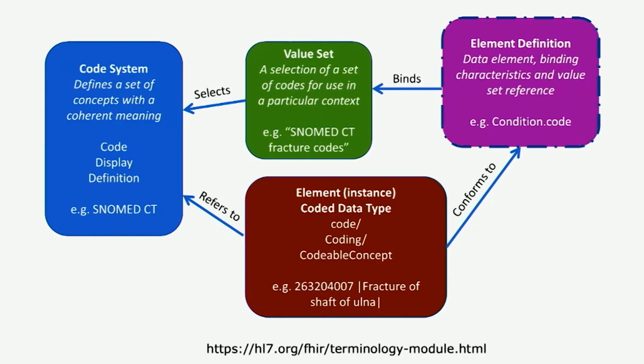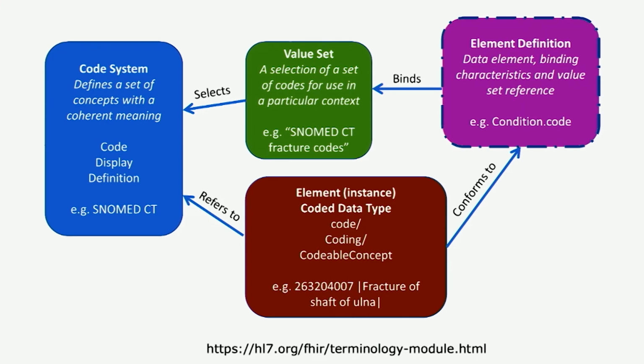So this is what a diagram of the terminology services in FHIR looks like. You have a code system from which you define a set of values for a particular element, and we call that binding that data element to that value set.